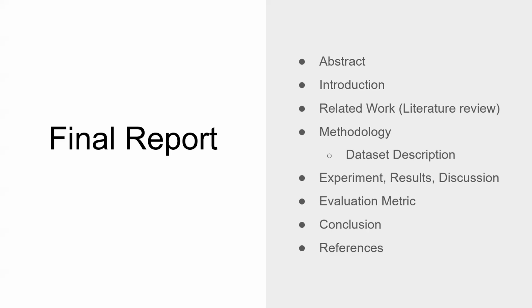In the abstract, tell us the problem you're trying to solve, why you think it is important, the methods that have been used in the past, and the kind of improvements that you're looking to make. Then you can have an introduction section which goes into more detail about the problem and the methods that have been used in the past.